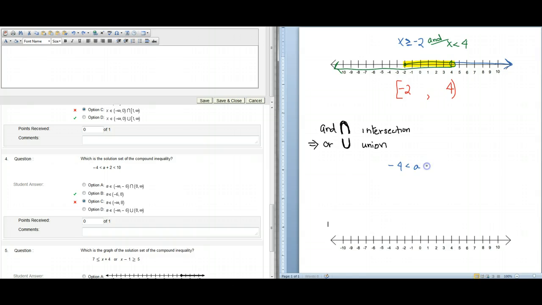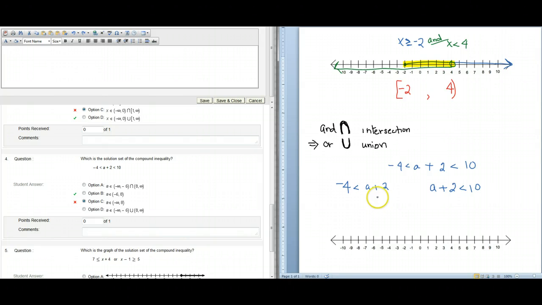Anytime you have 2 inequality symbols with, like in this case, -4 on the left, 10 on the right, a plus 2 smushed in between, that's an and. And you really have 2 equations, 2 things that are true. You have negative 4 is less than a plus 2, and you have a plus 2 is less than 10. So we're going to take each of those and solve.